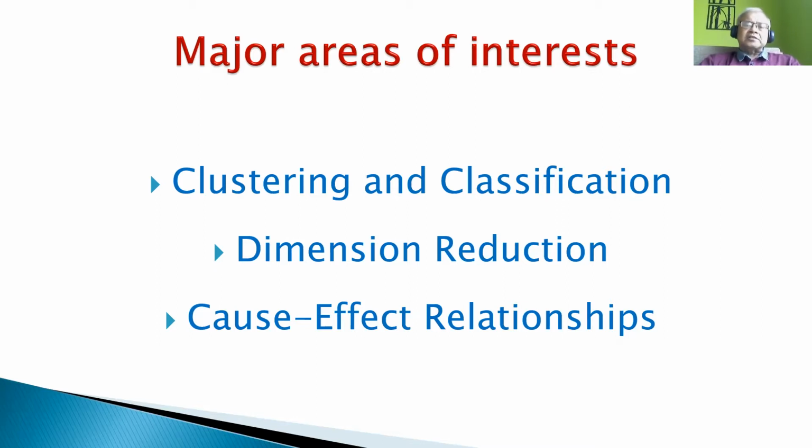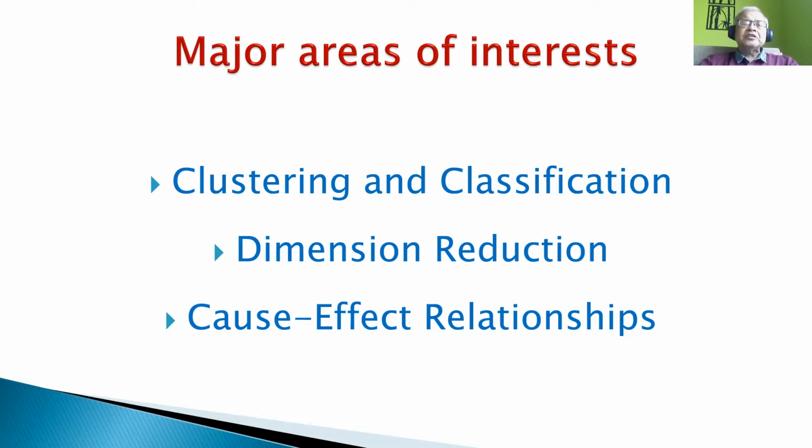The third is a cause-effect relationship. Here we have a large number of variables, okay? And some of the variables may be causing the other variables. And we want to find out this interdependence as to which causes which. If we can do that, then we probably need to look at only the cause variables because we'll know the effect variables given the cause variables.